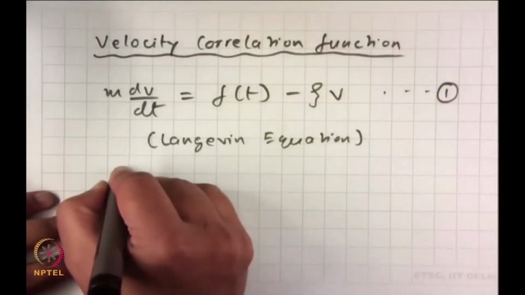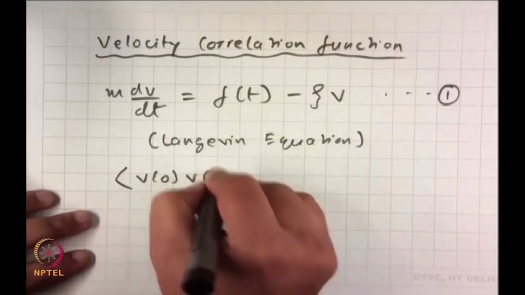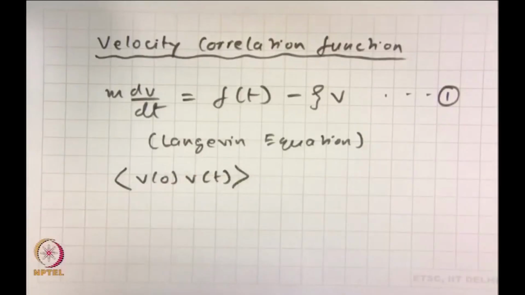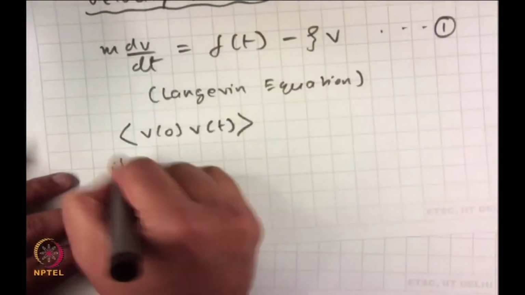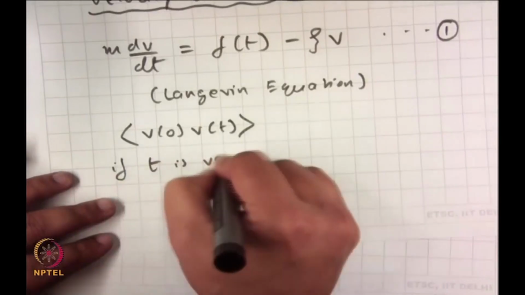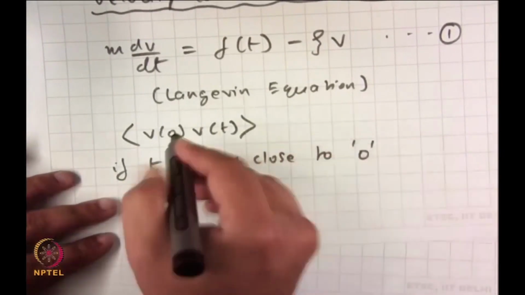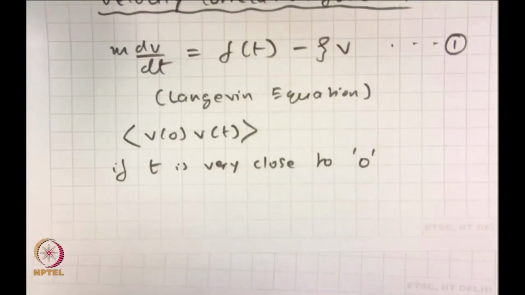I am considering this velocity correlation function, V 0 V of t. If t is very close to 0, which is this point, then 0 means my 0 time, right.